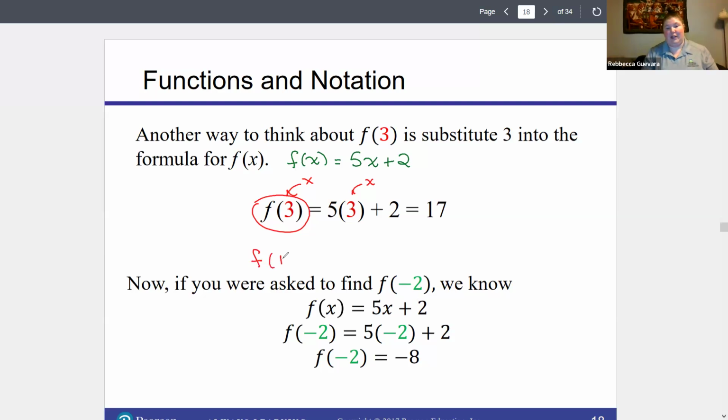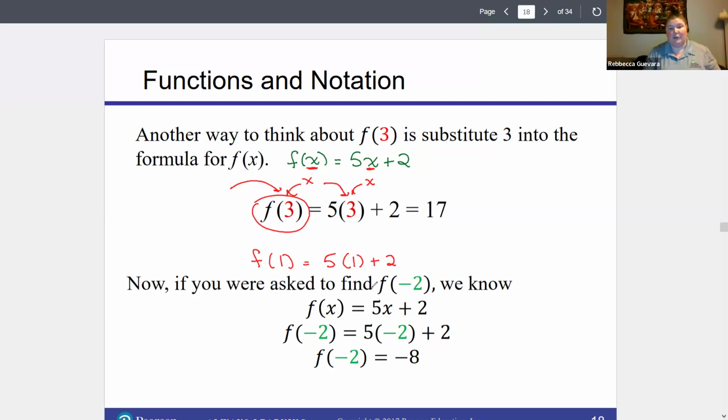If I asked you for f of 1, then I would just take that same equation, 5x plus 2, and replace x with a 1. So the idea is that this and this are like an empty space. Whatever I put in here, I have to put in here as well.